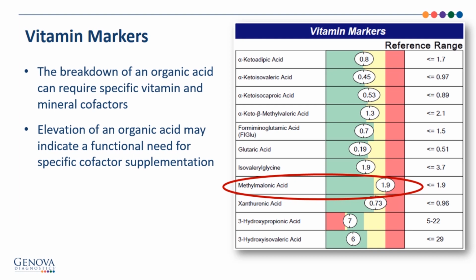In other words, methylmalonic acid needs a specific vitamin and/or mineral cofactor, in this case B12, in order to be broken down. So if that B12 functionally isn't doing the job, you'll see an increase in the level of methylmalonic acid in the blood, which means it'll get dumped into the urine in higher concentrations. So as we see here, we have a higher level of methylmalonic acid.